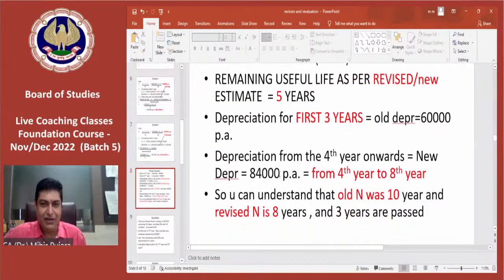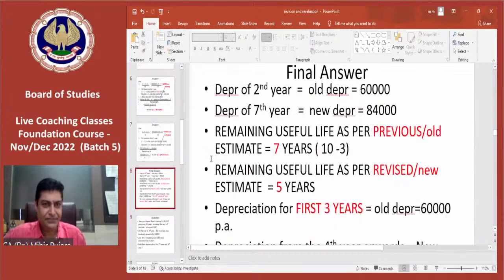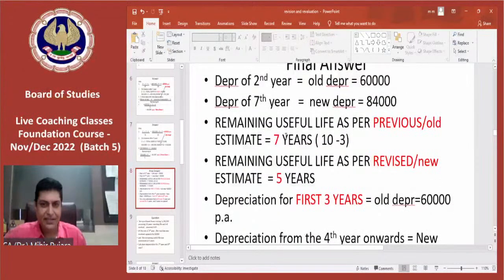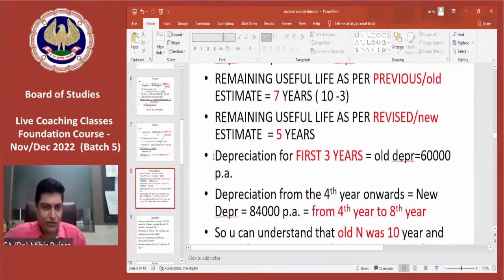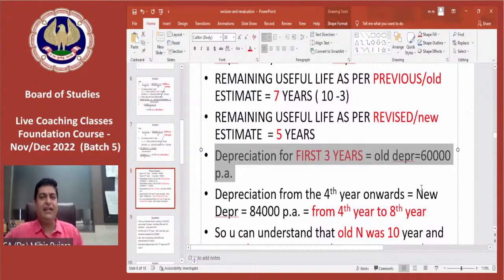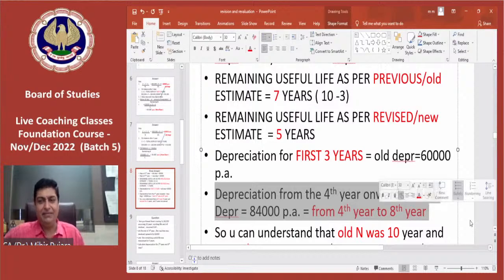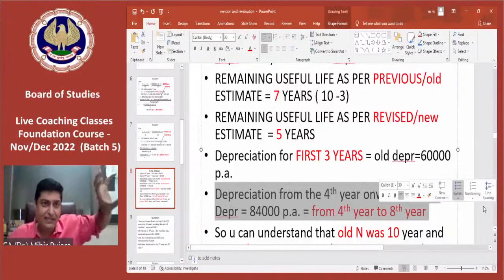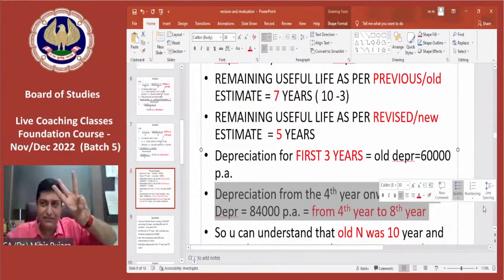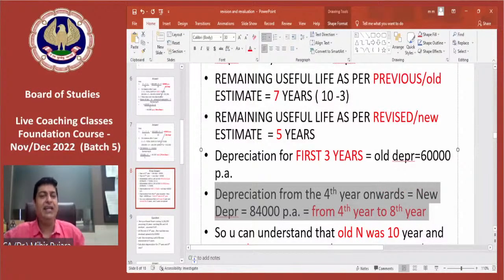So guys, you can understand this point. For the first 3 years, depre will be 60,000. From the 4th year to the 8th year, because now the asset will run only for 8 years, 3 years passed and 5 years remaining, depre will be 84,000.